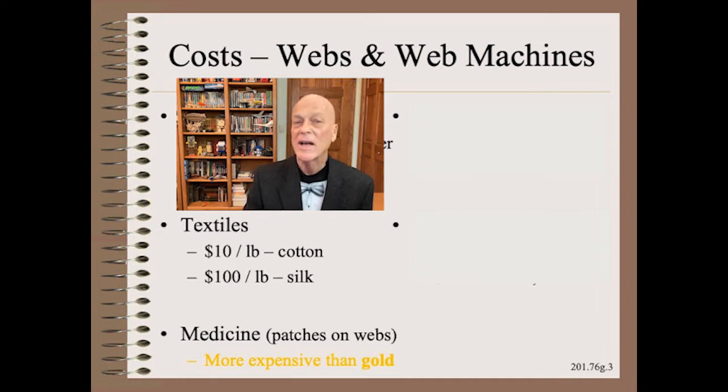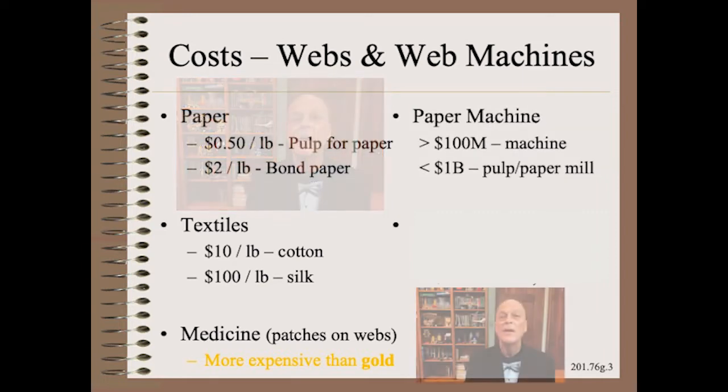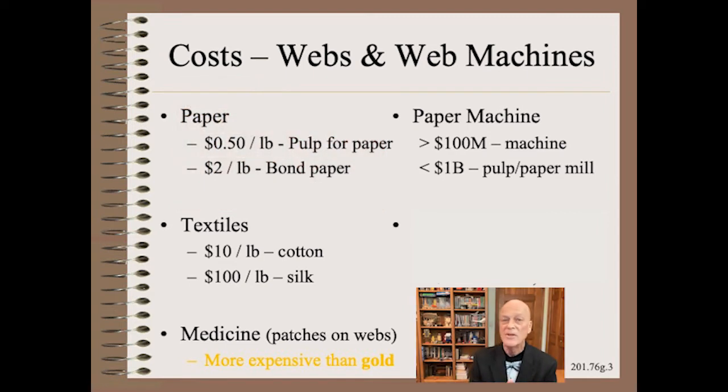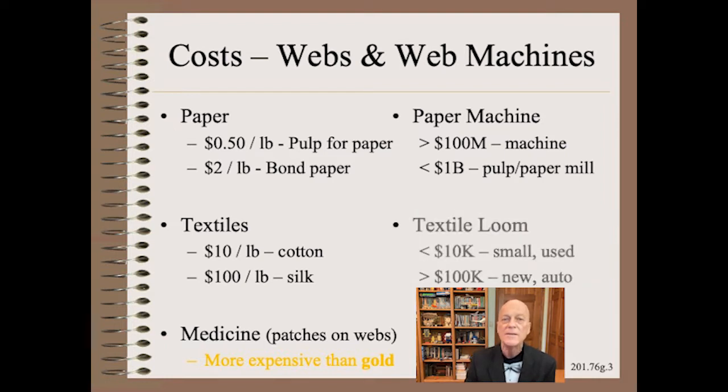Now, let's look at the cost of the machines that made those webs. Paper, the cheaper material, is made on a machine that can easily exceed the cost of more than $100 million. The support structure that is necessary, the pulp and paper complex, can cost upward of $1 billion.